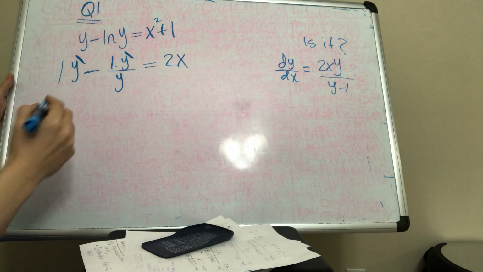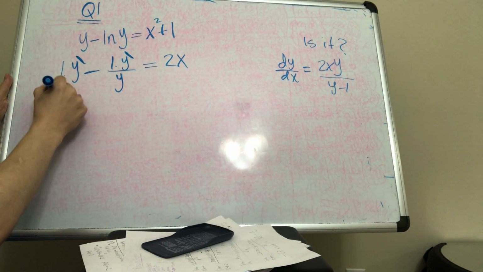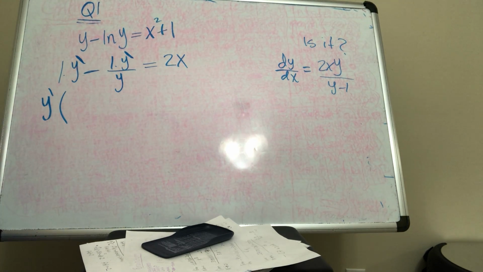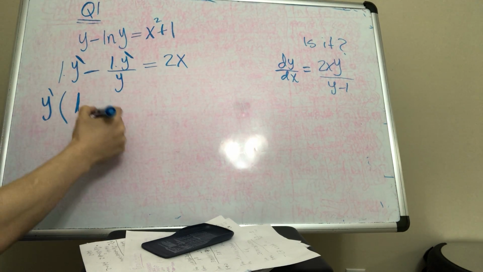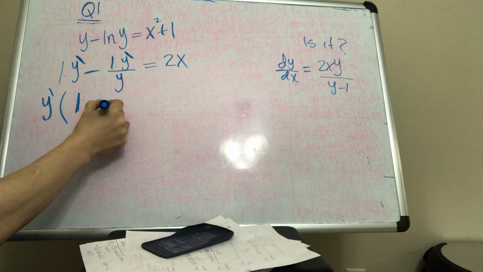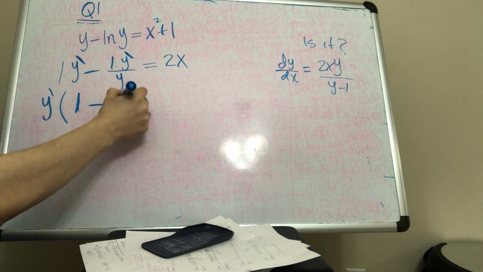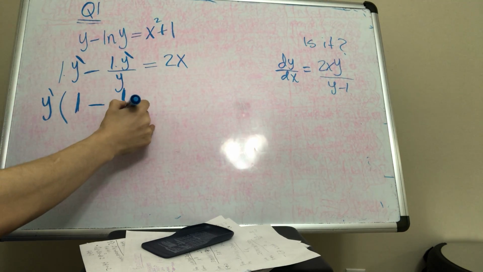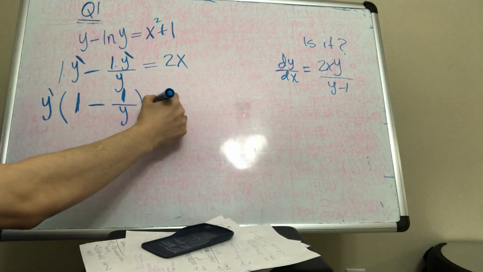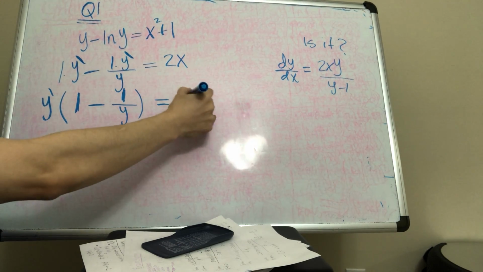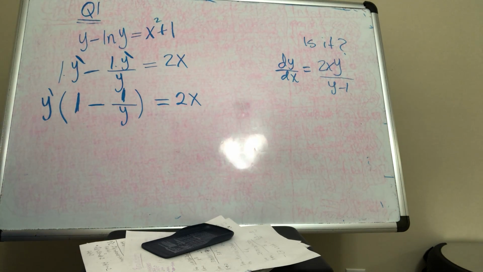And then if we take y prime as a common factor, from the first one, you have 1 left. From the second one, you have 1 over y. And that's equal to 2x.